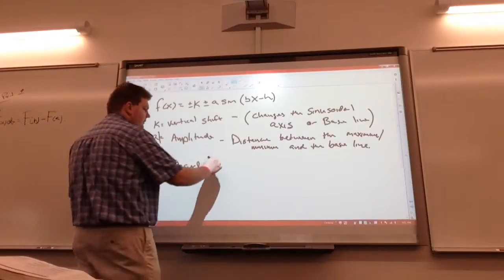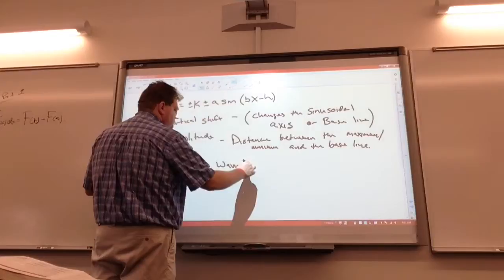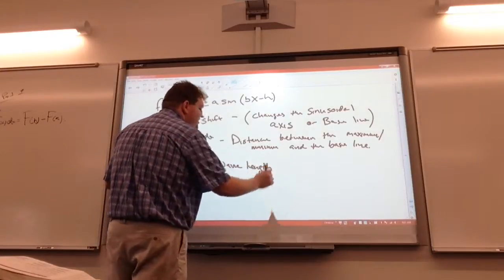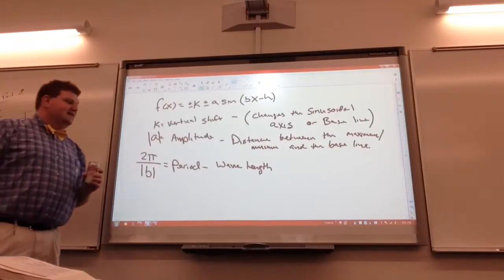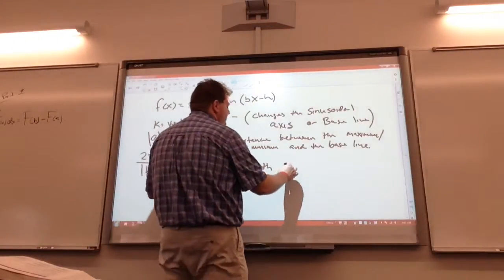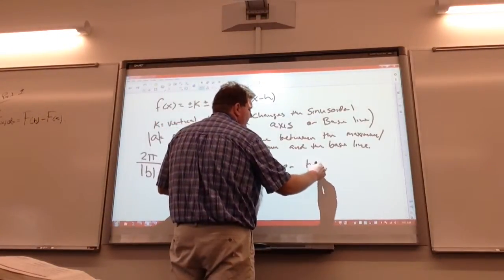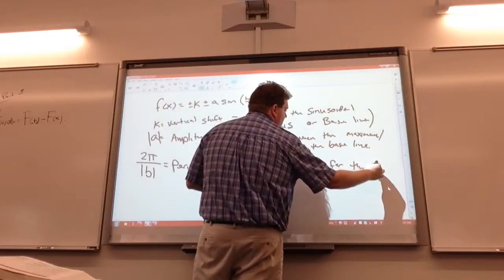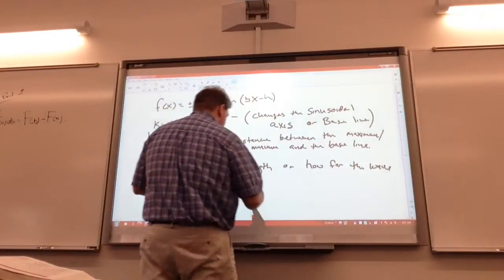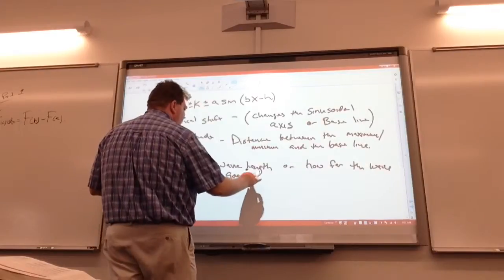It's how far it goes before it starts to repeat. The period is a wavelength, or how far the wave goes before repeating.